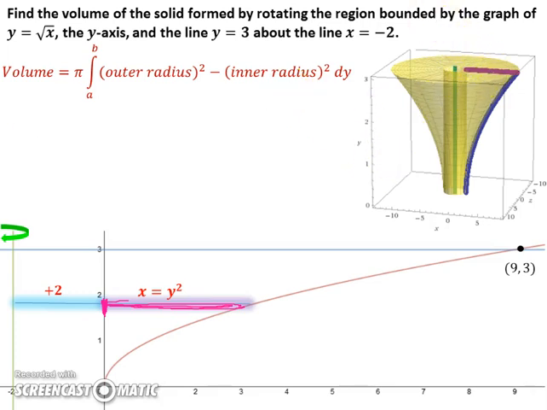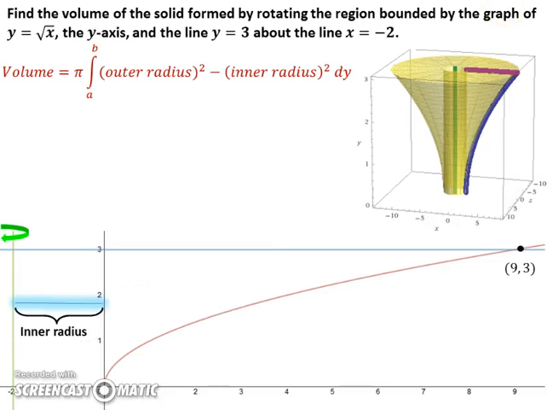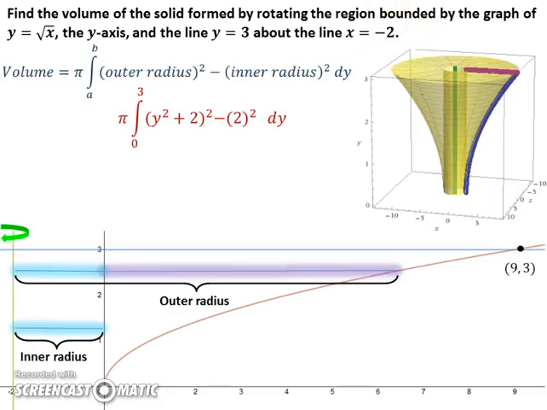The outer radius is going to be y squared plus 2. The inner radius is just going to equal 2 because it's the distance from 0 to 2 here.